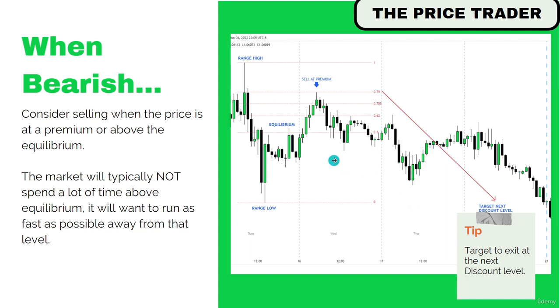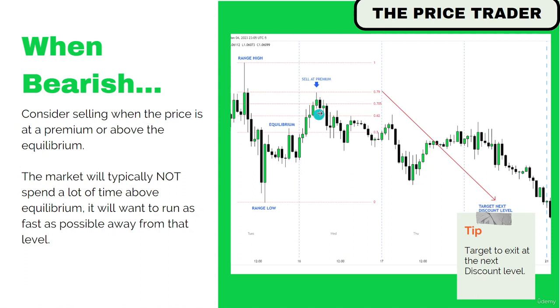When bearish, you want to consider selling when the price is at a premium or above the equilibrium. So for instance, we have a price range here. When the market was coming up, we have the equilibrium right here. So you see in this instance we got into 79%, and then after hitting that level, we want to be a seller up there, but already we might have taken a sell at either 50 or 62.